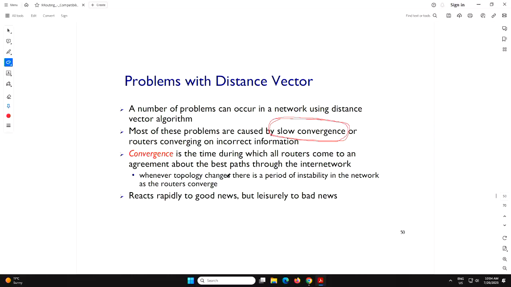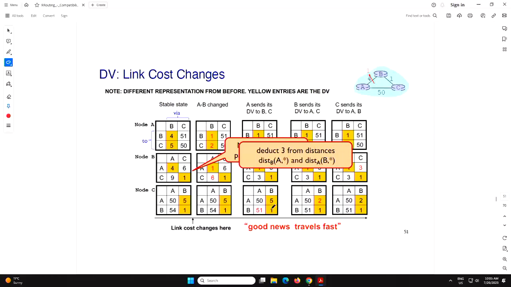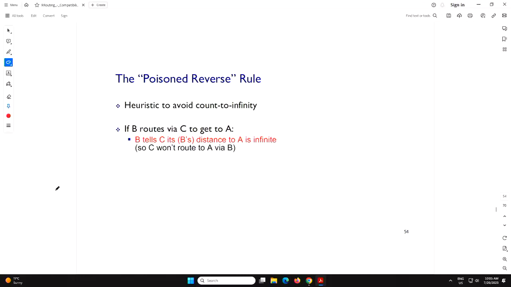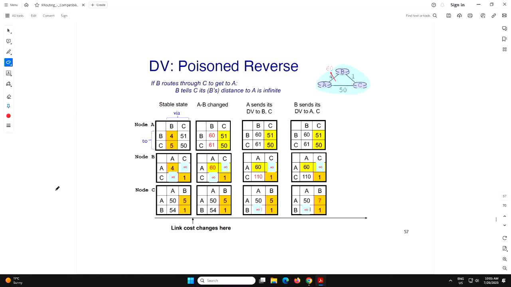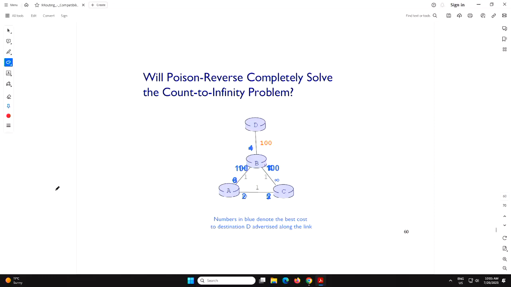So we are going to see soon, and so next few slides you will see that although the network is very small, there are so many routing tables that you have to follow, as you can see, to understand the problem and the solution, Poison Reverse, right?